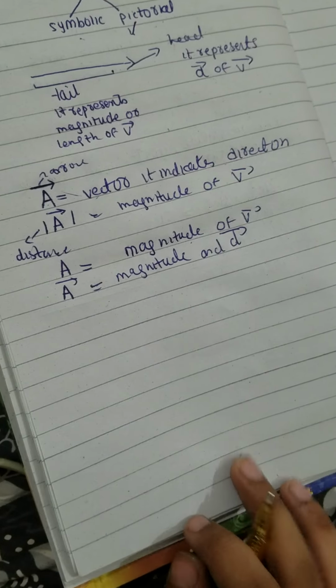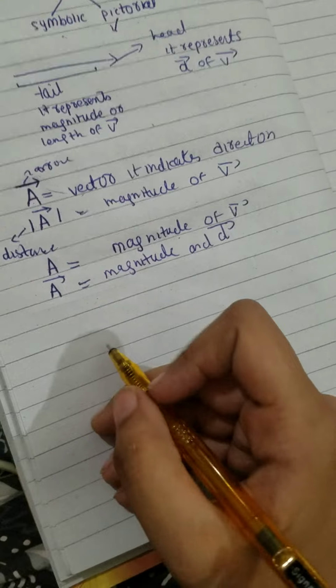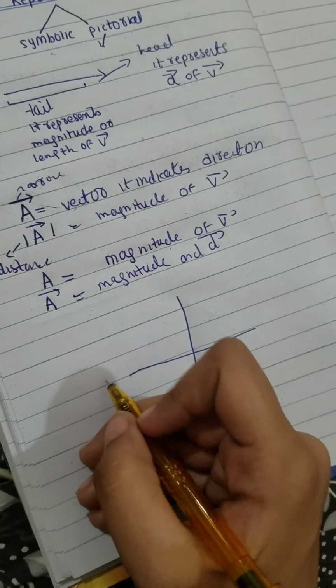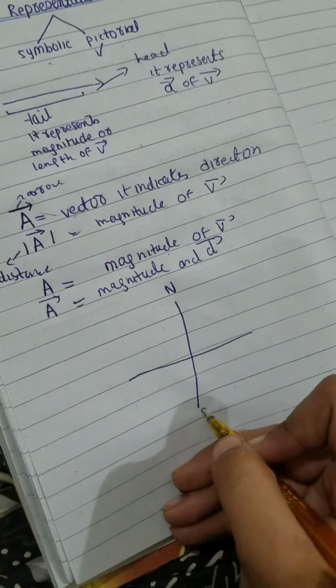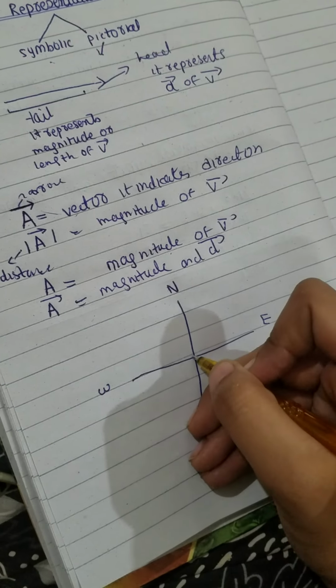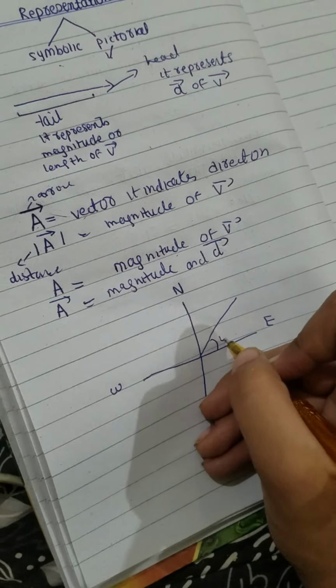Now I'm going to tell you about one thing for indicating the direction. This is north, south, west and east. For example, I have an angle here which is 45 degrees.